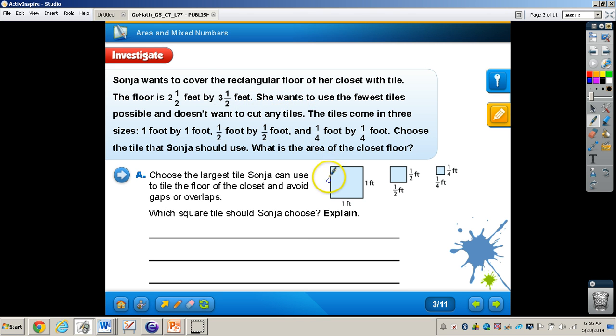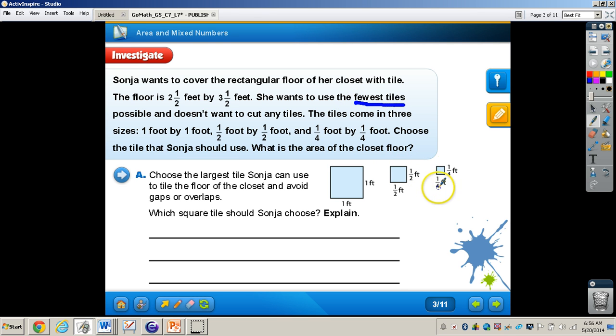Now we know right away if we're doing 1 foot by 1 foot square tiles, the tiles will not cover the whole floor and would extend past the floor. So even though it would cover it if we used all of them, remember she does not want to cut any tiles. Now if we're taking a look at the 1/4 by 1/4, okay, now that would work actually, but we need to remember that Sonia wants to use the fewest tiles possible.